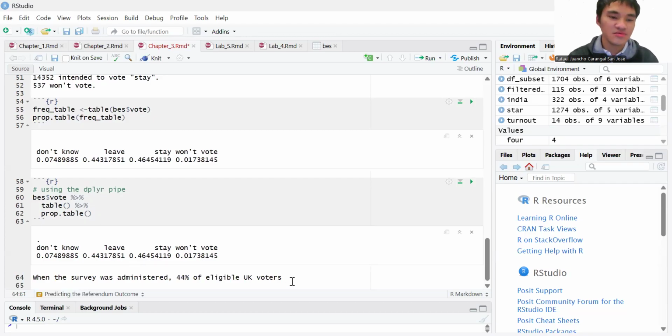Okay, so here we see that leave has around 44.32% if we round it off to 2 decimals. So 44% intended to vote leave, right? That's what we see in the data. And 46% intended to vote stay.